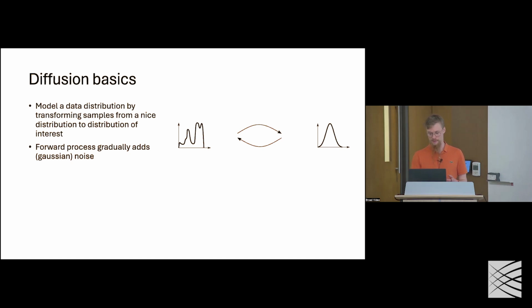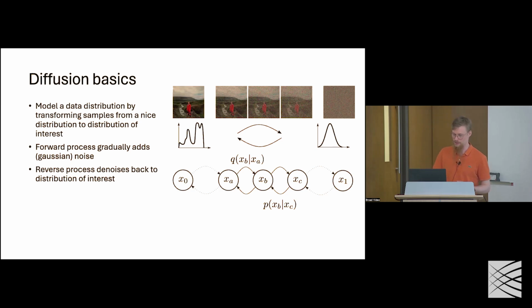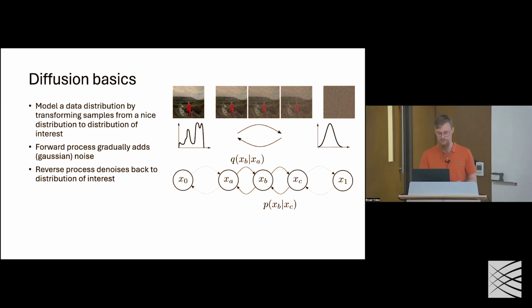And then eventually we want to learn the reverse process, to take noise and make this back into the distribution of interest. For example, images are quite a basic application. We are using the DDPM formulation.